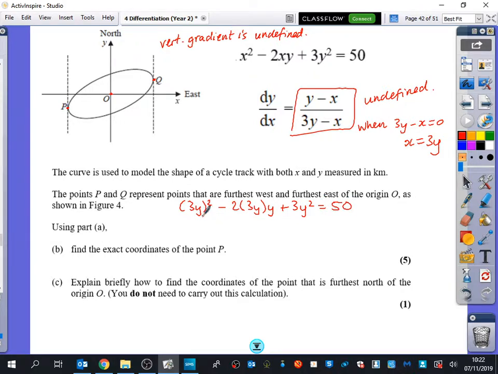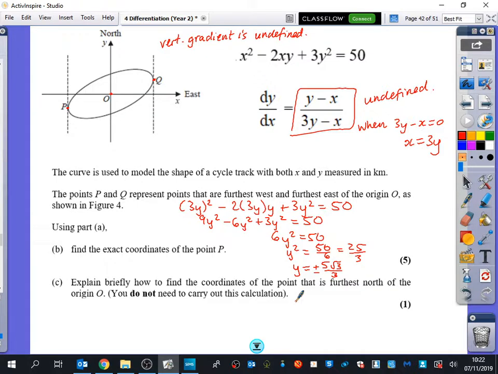So this is 9y squared minus 6y squared plus 3y squared equals 50, which is just 6y squared is 50, y squared is 50 over 6, which is 25 over 3. So y is equal to 5 root 3 over 3, but it could be a positive and it could be a negative.